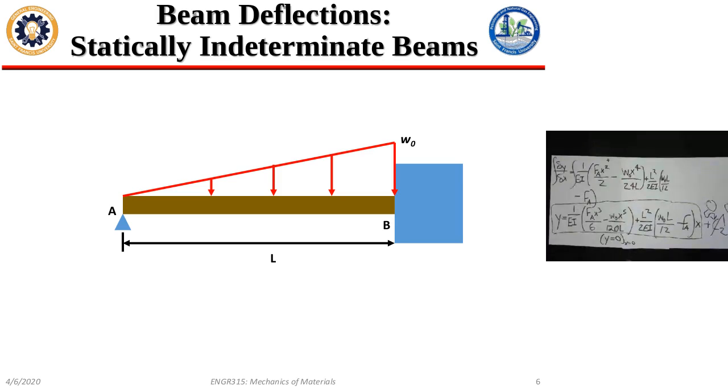FA. FA is the thing that we don't know, right? We said that E and I are straightforward. Once we know the material, or can stick a ruler on the beam, we can figure those two out. L, stick a ruler on the beam, we can figure that out. W naught, we can count how many sandbags we have piled up on this beam.